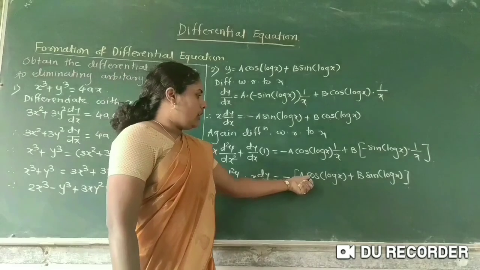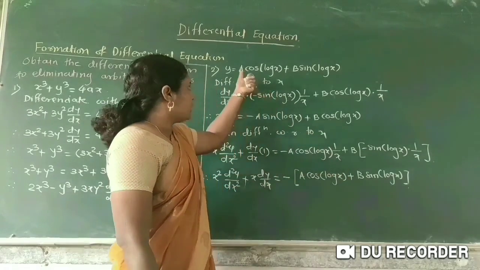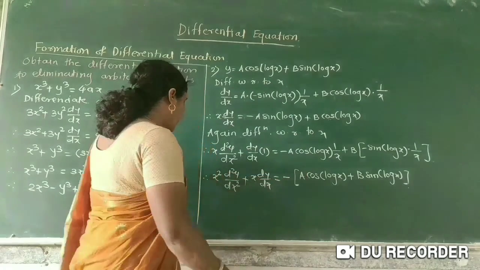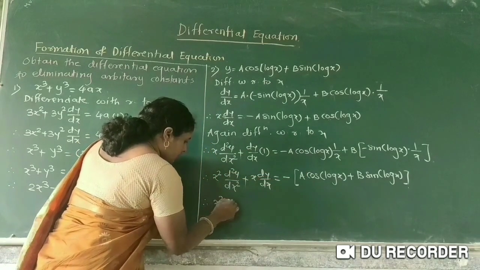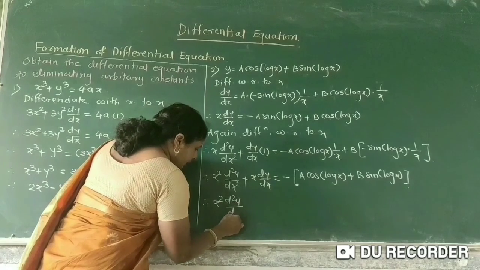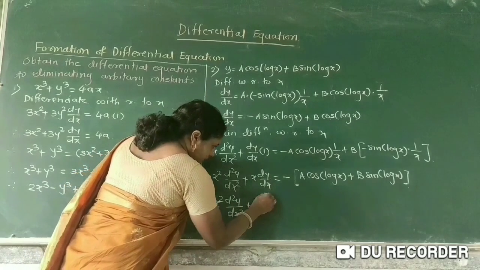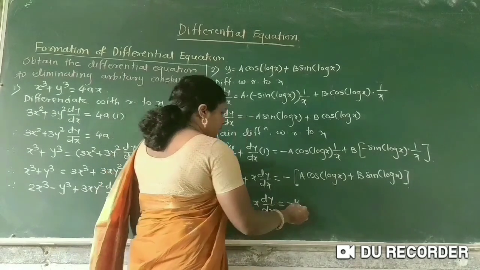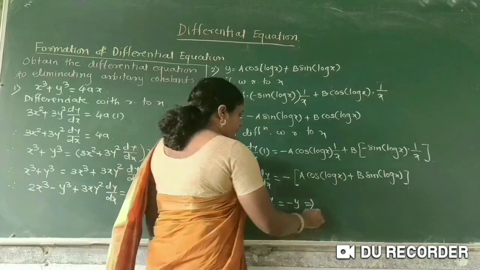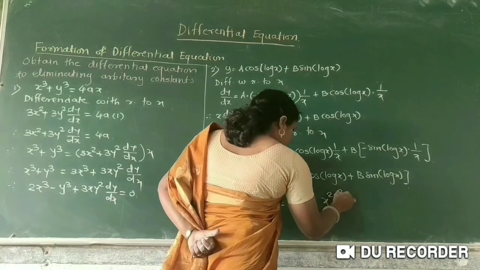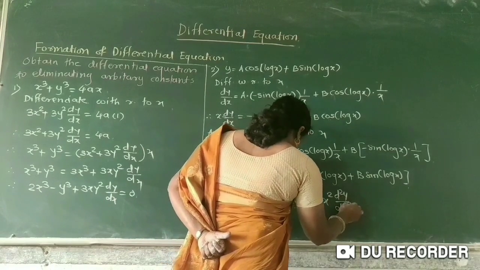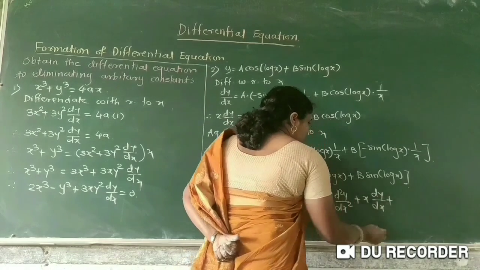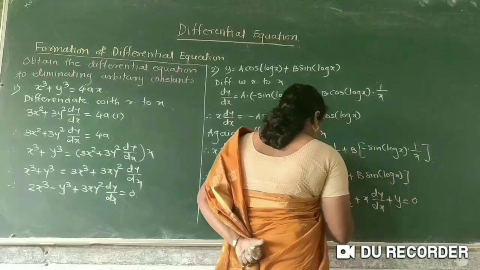And see here, a cos log x plus b sin log x is the value of y. Therefore substitute y for this, we get x square d2y by dx square plus x dy by dx is equal to minus y, and this equation can be written as x square d2y by dx square plus x dy by dx plus y is equal to 0.